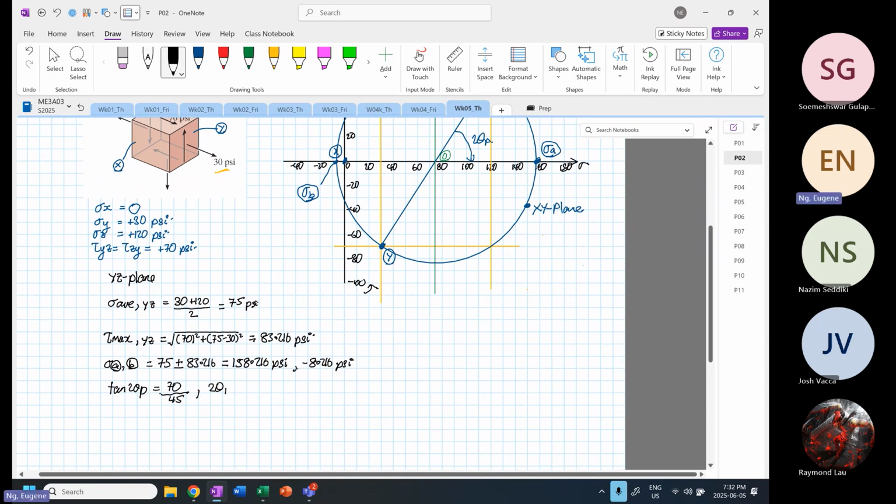So 2 theta p, 75 divided by 45, inverse tangent is equal to 59 degrees. Okay, go in the clockwise direction. And then theta p is equal to 29.5 degrees.